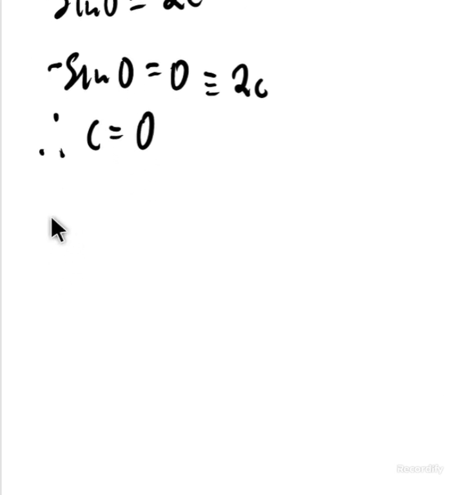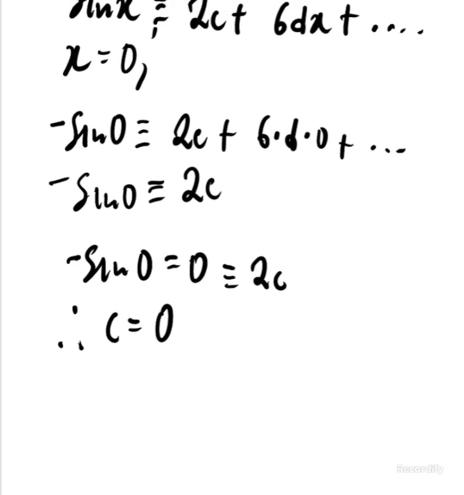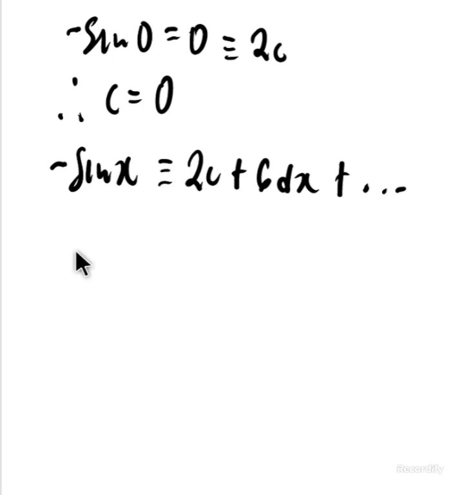Now let's look for d. Don't forget the identity now becomes negative sine x equivalent to 2c plus 6dx plus dot dot dot. I will differentiate again.